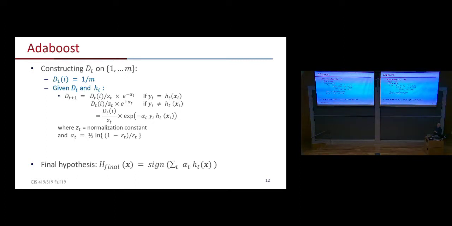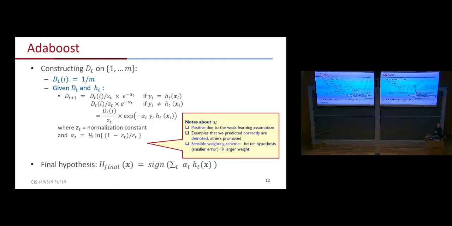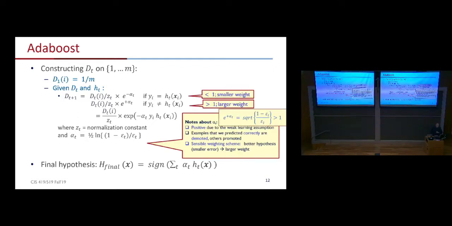It's less than a half. So 1 minus epsilon t is greater than a half. This is less than a half, so this ratio here is greater than 1, and therefore ln of this is positive. Okay? So due to the assumption, we get that alpha t is positive.